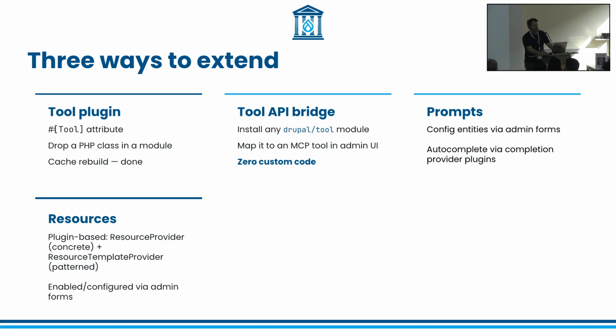And the second important one, which Giorgi already mentioned, is the Tool API bridge. The Tool API bridge is important because everyone uses Tool API, and it's become more and more useful. You can use it with our bridge module and expose all the tools as MCP tools. So you can use Tool API tools out of the box without any coding.